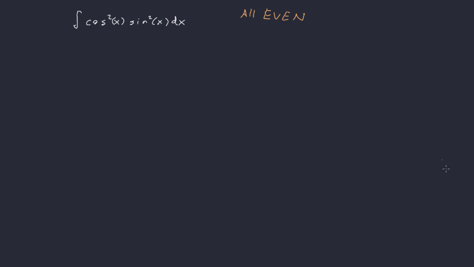So what we have to do is use the half angle identity or identities multiple times until we get something we can integrate.